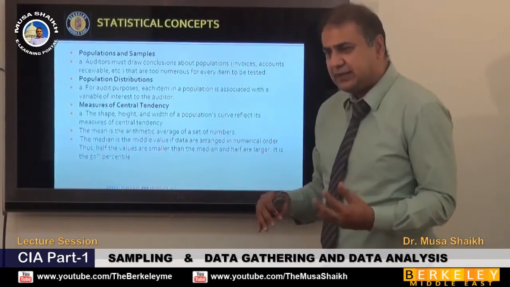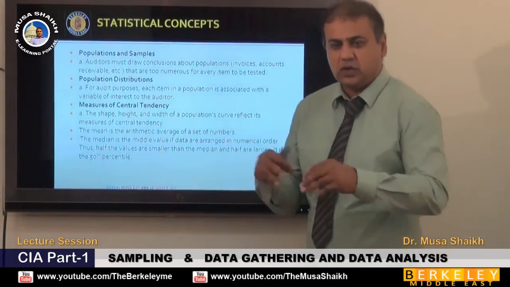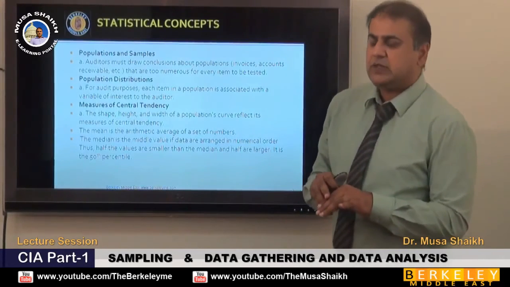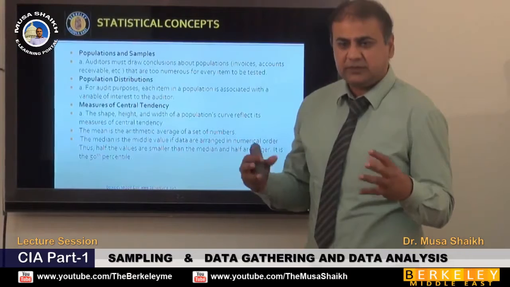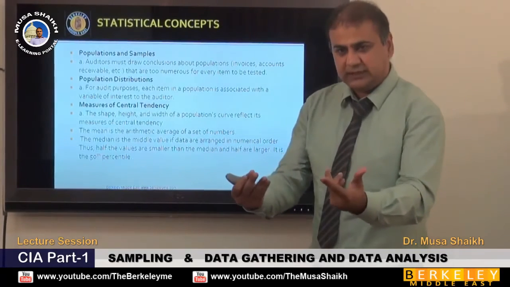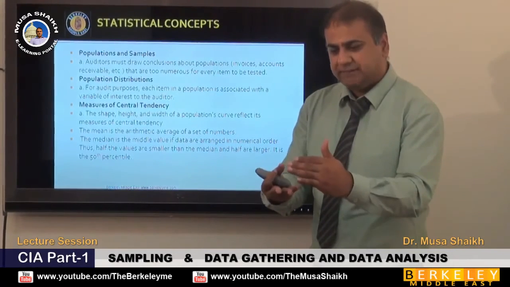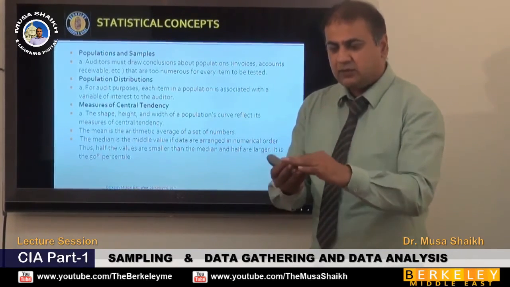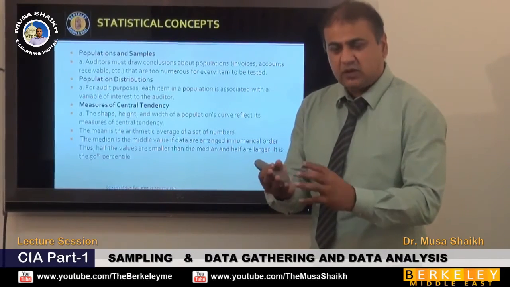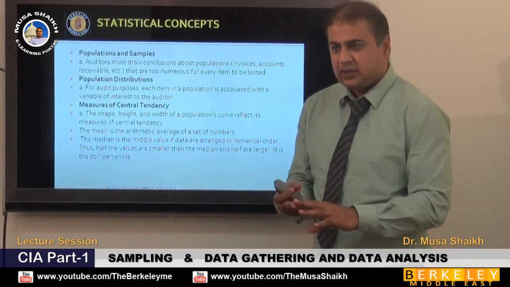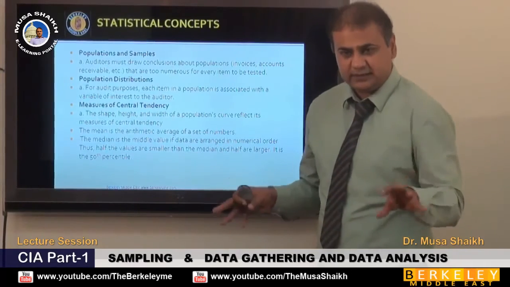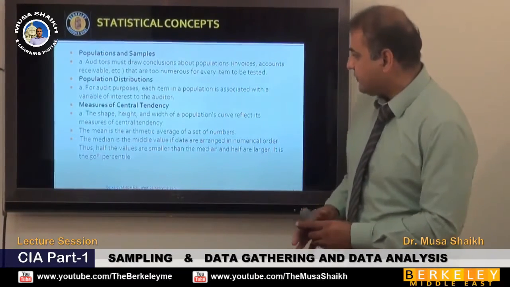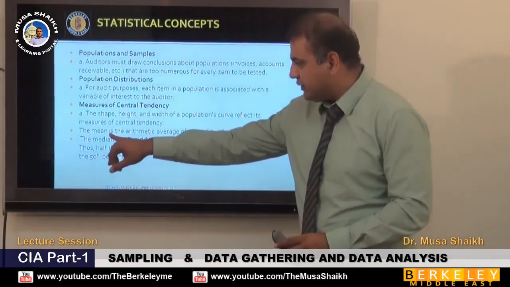In stats language it's okay, but in auditing language, shape means whether data is properly organized, what is the density of information, how complex it is, how it is being spread over different records. So we have to calculate the mean.